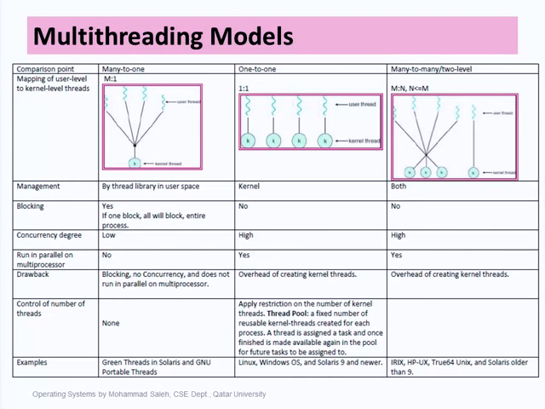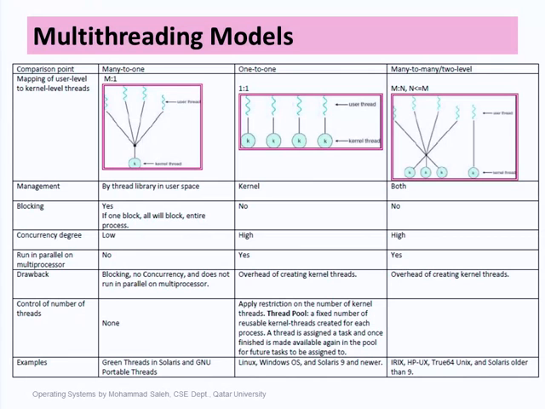Now, if we compare these different ways of mapping between user-level threads, application-level threads, and the actual execution thread at the kernel, then in terms of management, the very first one has to be managed by a library at the user level. You have to be aware that these multiple threads will actually be executing within one kernel thread.